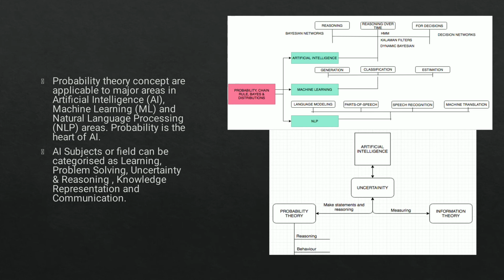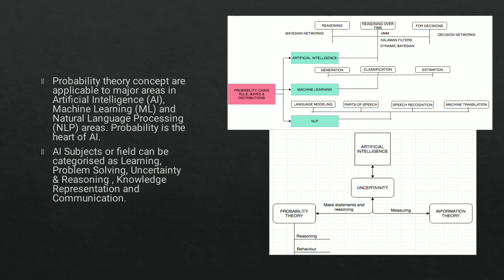Many iterative learning techniques like maximum likelihood estimation are based on probability theory. For training linear equations, logistic regression, and artificial neural networks, probability plays a huge role. Pattern recognition, which is a key part of machine learning, can be approached from a Bayesian standpoint.